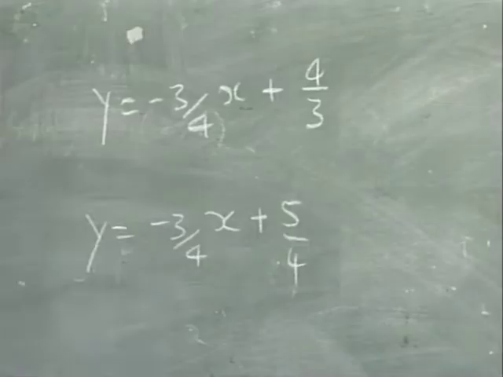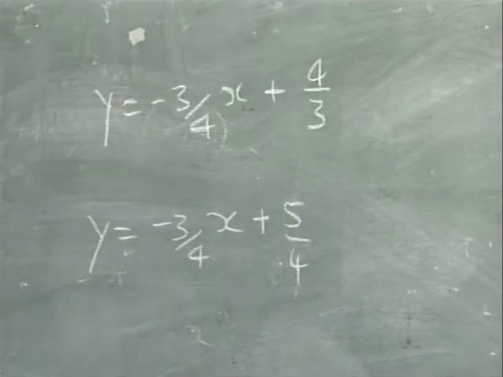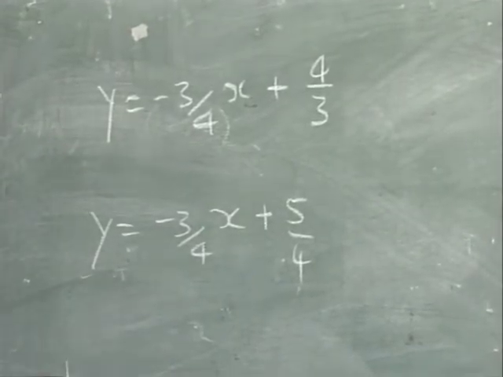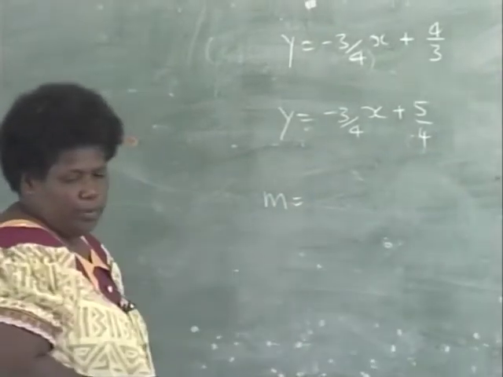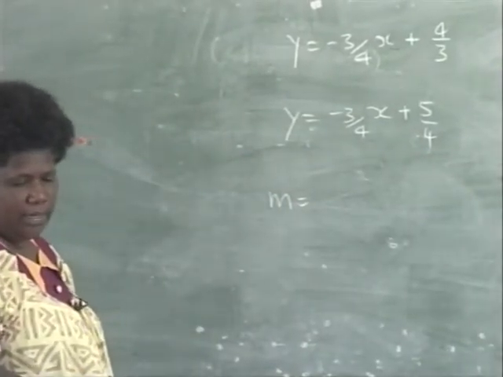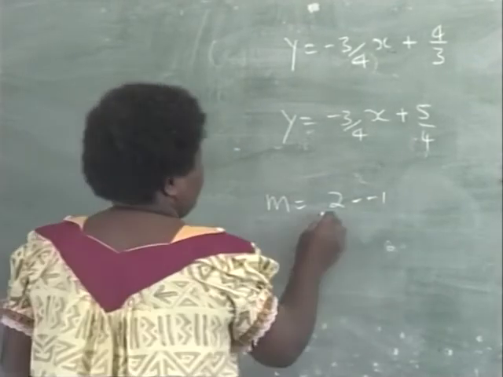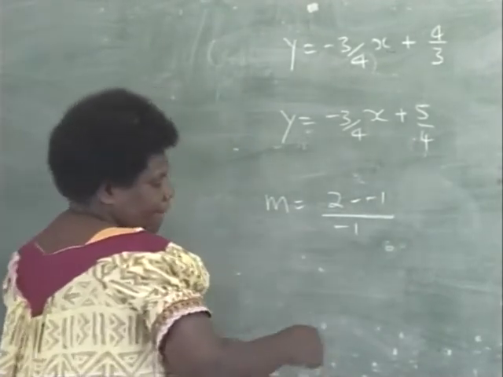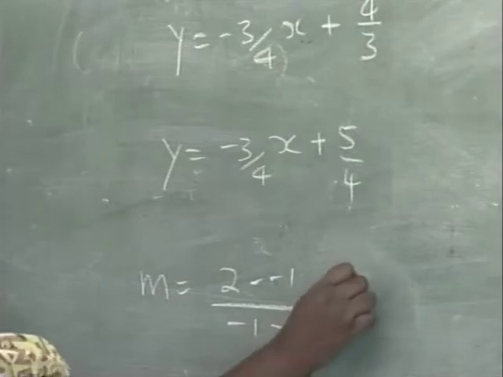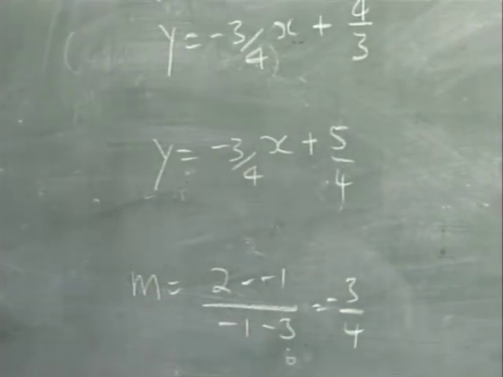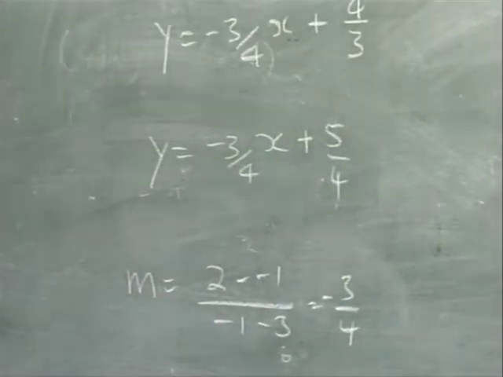All of you have either these two. Okay, the gradient is 2 points that are clear, 3, negative 1, and 1, 2. So it will be 2 minus negative 1 over minus 1 minus 3. So I get 3 on negative 4, which is the same as negative 3 on 4.